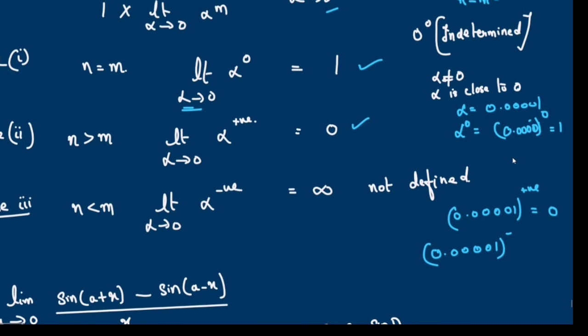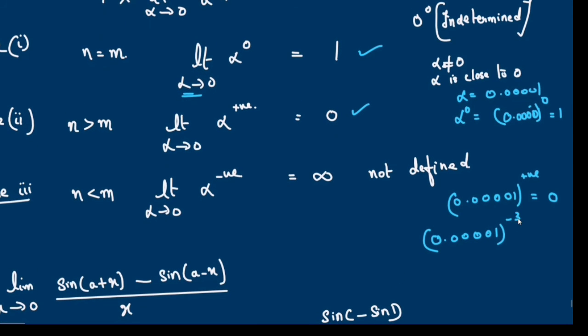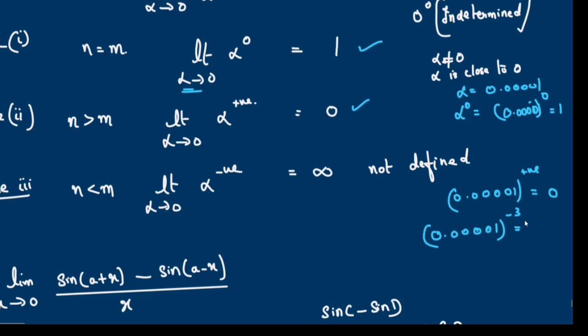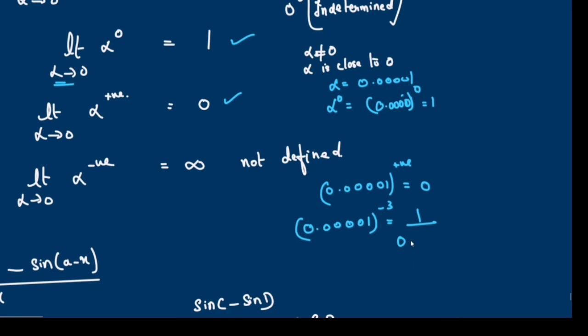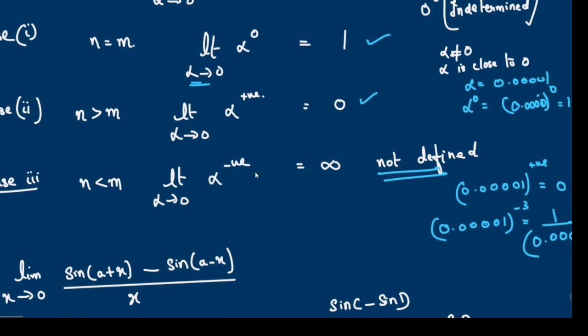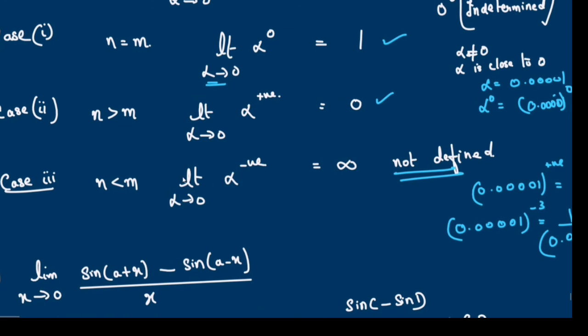For example, the negative number we take as minus 3. Any negative number. So when it is minus 3, you will bring it to the denominator. 0.00001 the whole power 3. This is already, if it is positive, we know it is 0. So 1 by 0 will give you infinity, the answer is not defined. The limit is not defined when n is less than m.